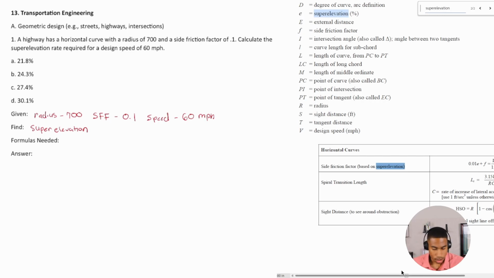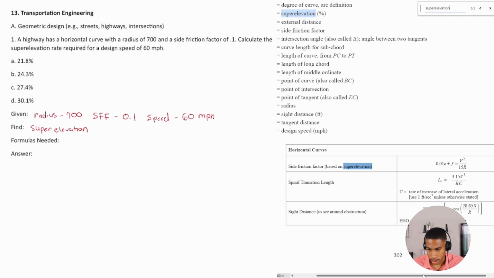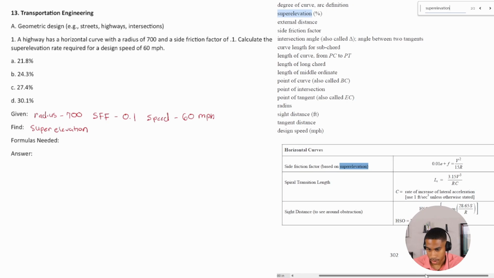All right. So in the handbook, it says the side friction factor based on super elevation. So for this particular problem, we need F, which is side friction factor. We need V, which is design speed.